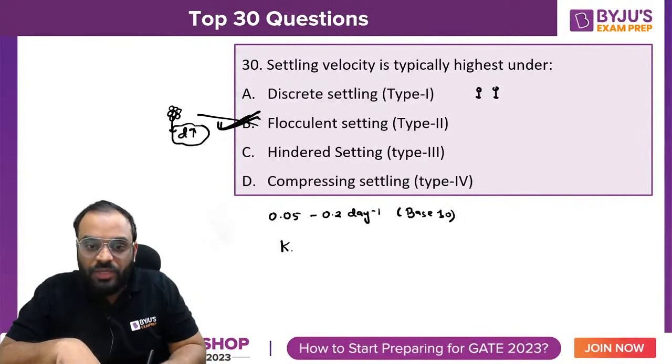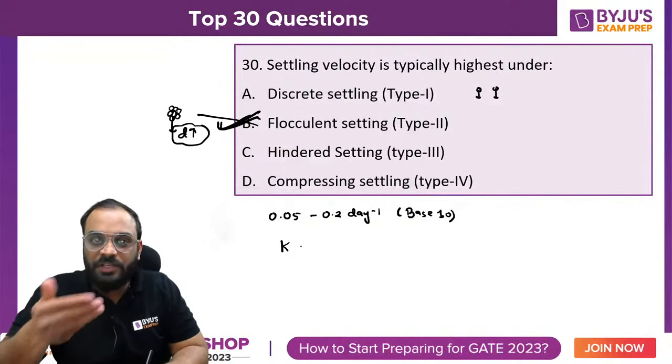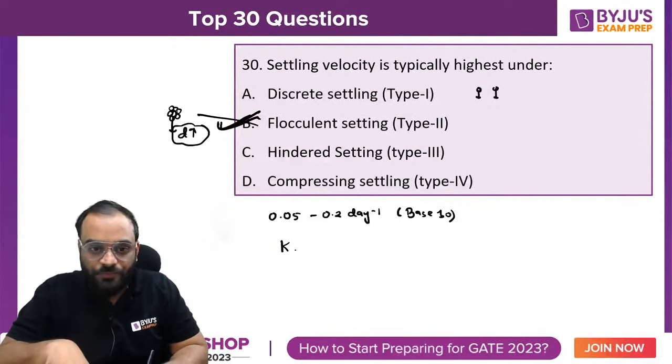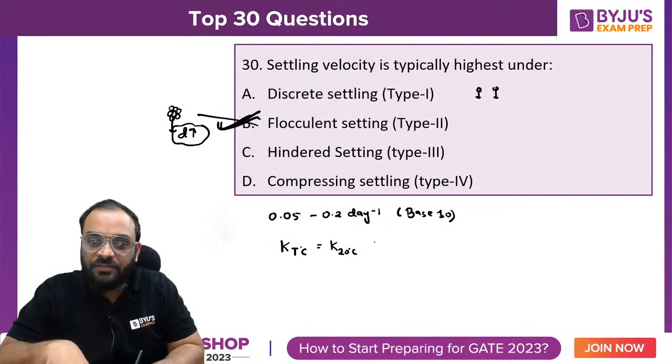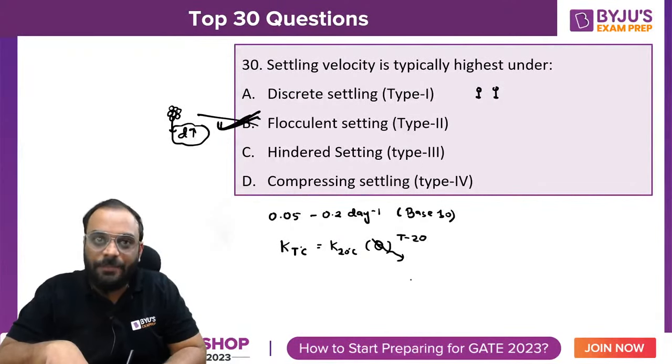Now we have some criteria to change this particular value on the basis of temperature also. So K at T degree centigrade is equal to K at 20 degree centigrade times theta to the power T minus 20. This theta depends upon the temperature and is known as the temperature coefficient.